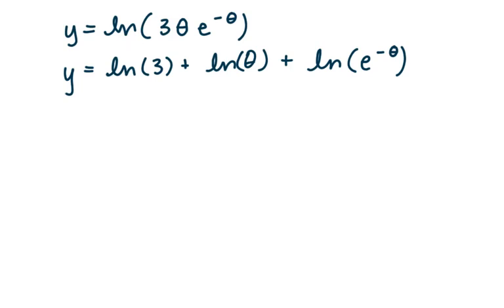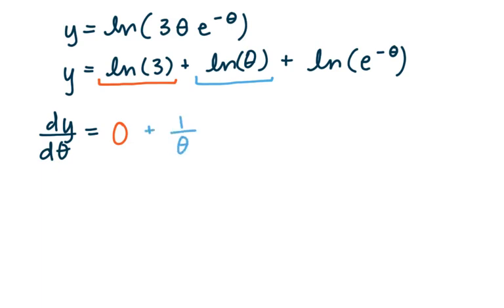In this situation, the derivative of y with respect to theta. Looking at natural log of 3, that is a number or a constant, and the derivative of a constant is 0. Natural log of theta is going to become 1 over theta by our property for differentiating natural logs. And then this third one, we would need to use the chain rule there. But remember, the chain rule is the derivative of the argument over the argument.